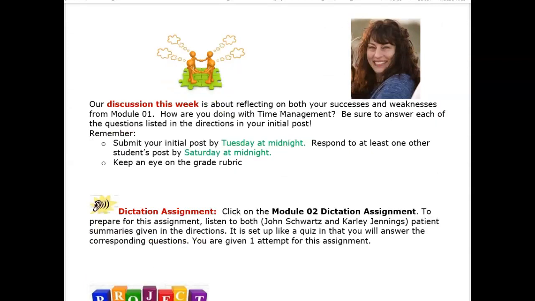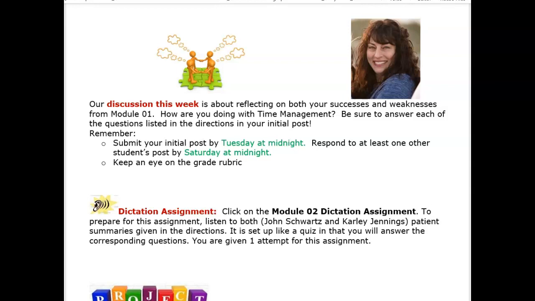Our discussion this week is about reflecting on both your successes and weaknesses from Module 1. How are you doing with your time management? When we think about class and all of the study time, what are some tools you're using to help study, like maybe using flashcards? Remember to answer each of the questions listed in the directions for the discussion and place those answers in your initial post.